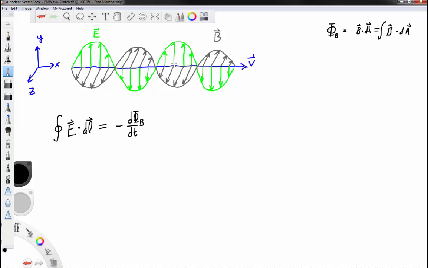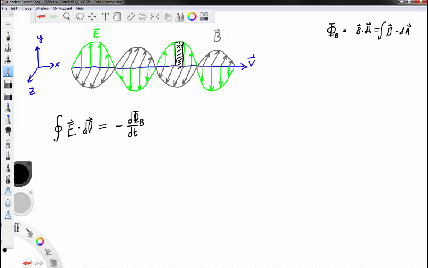Well, it has to be in the y direction, because we need to have some side of it that's parallel to the electric field, and then it has to be in the x direction, because we have to have a surface that's enclosed by it, through which the magnetic field can be sort of poking, hence a magnetic field flux.